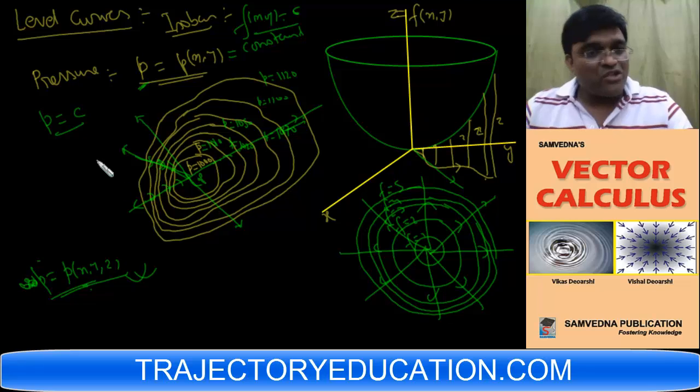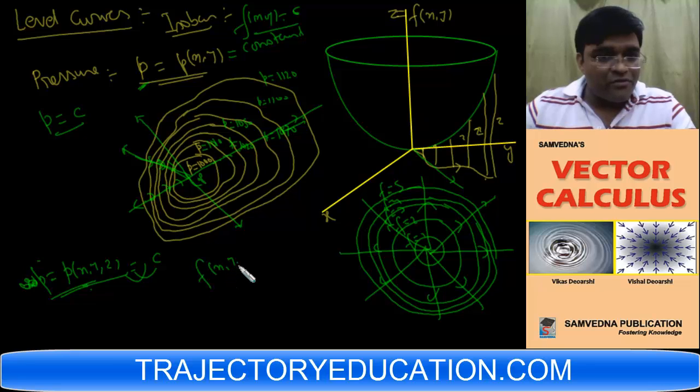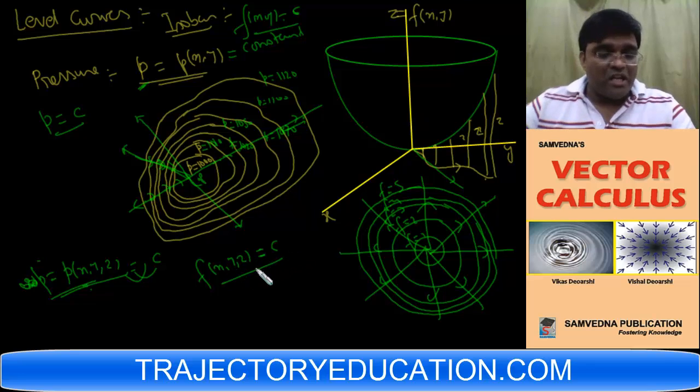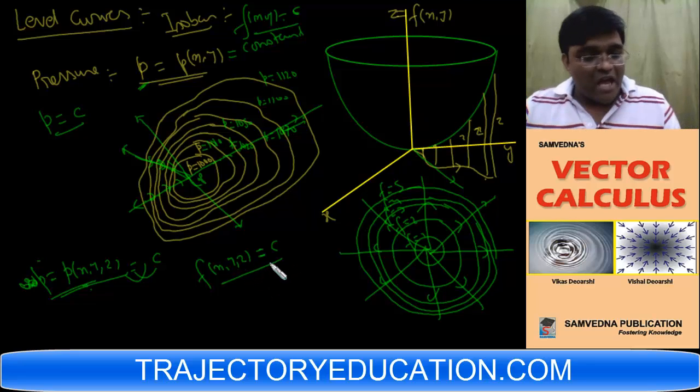So the only way to study the directional derivative in this case is to draw level surfaces. For a function of three variables, you equate it to an arbitrary constant, and for different constants you draw different surfaces.